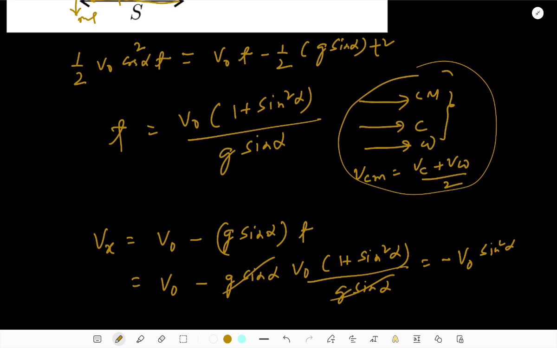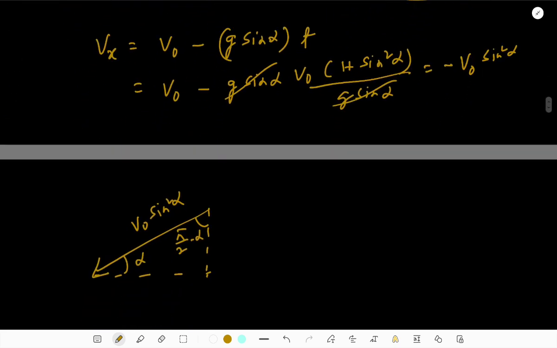It will have something, but the wedge has got no velocity in the vertical direction. So if I use the principle of superposition, I can write velocity of cube equals velocity of cube with respect to wedge plus velocity of wedge in the vertical direction.